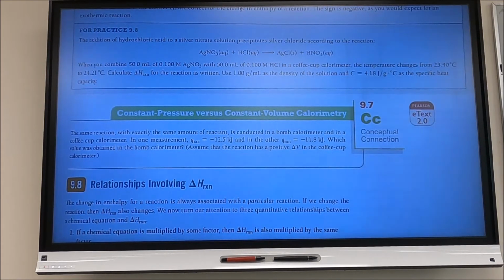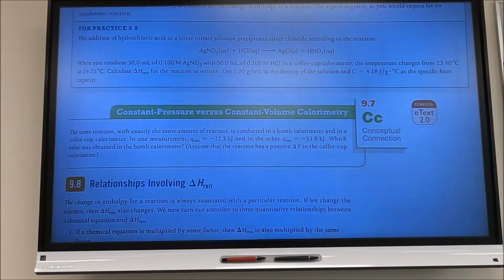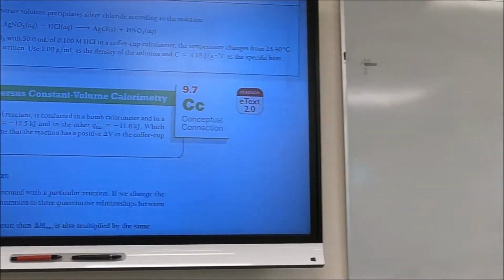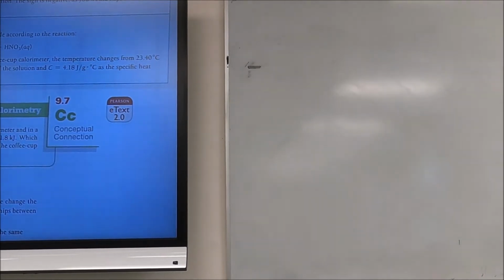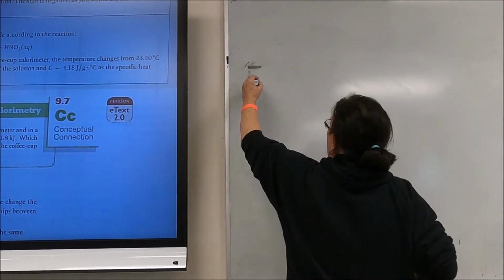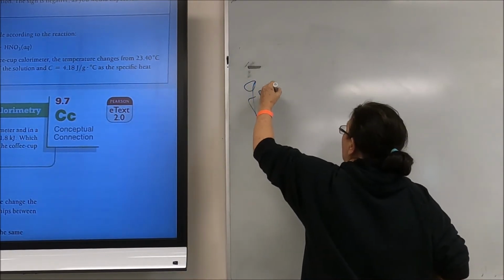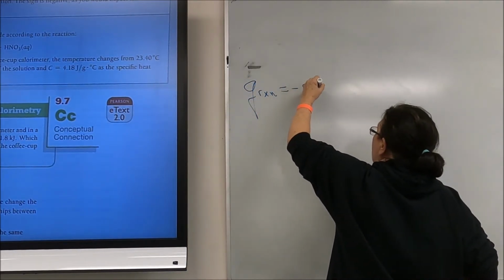Okay, essentially we are looking at a water solution, and with this water solution we're having a reaction between the HCl and the silver nitrate. So I know that Q of the reaction is going to be the minus Q of the water.